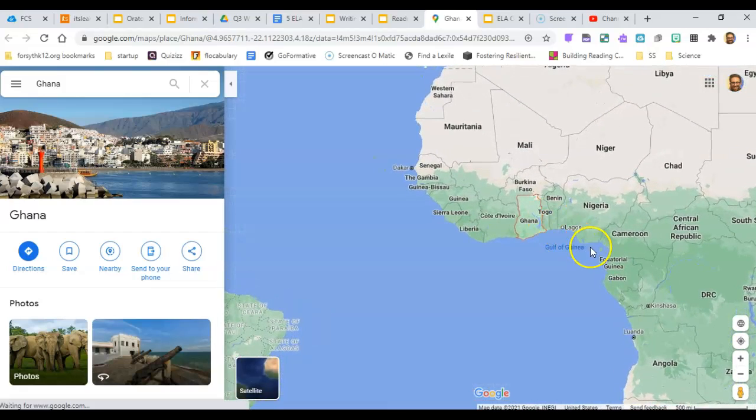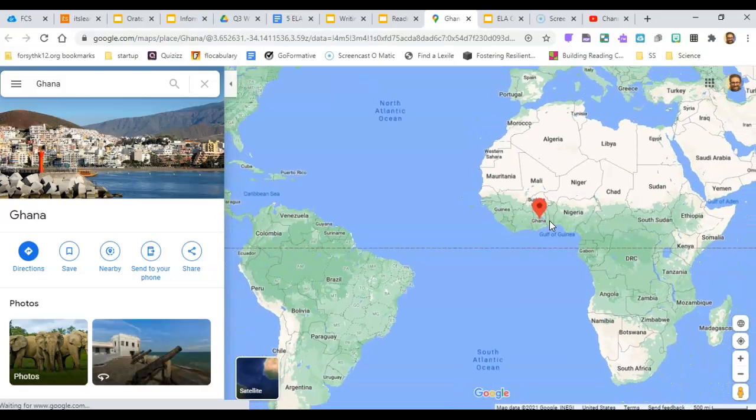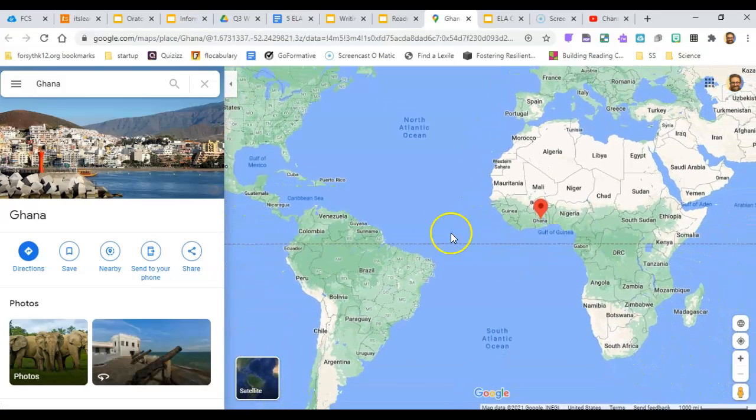It's the Gulf of Guinea right here, and this is the continent of Africa. Okay, you have the Atlantic Ocean, and you have here the United States, and across the Atlantic into Africa, we have right here Ghana along this coastline. Okay, and so hopefully that gives you some context here.